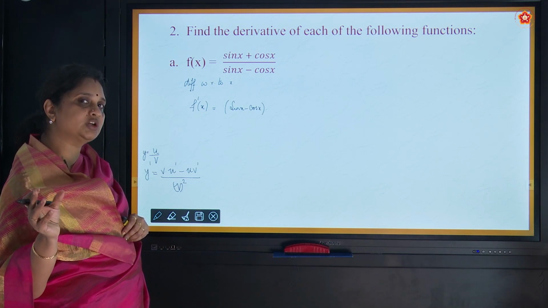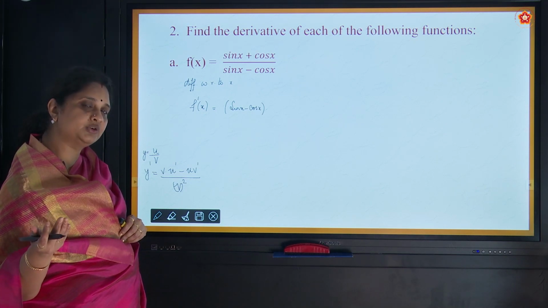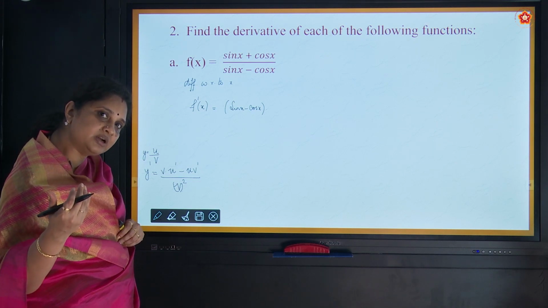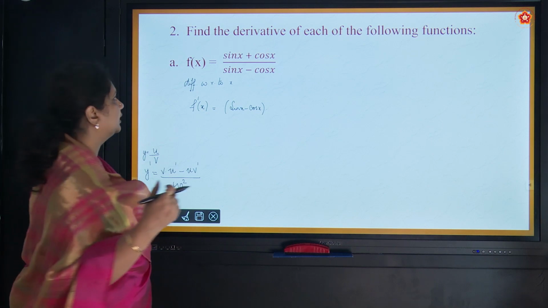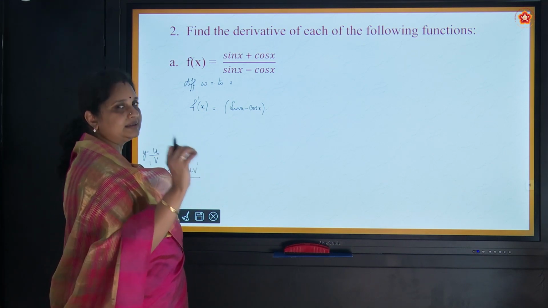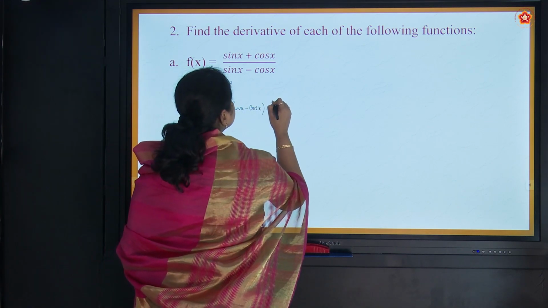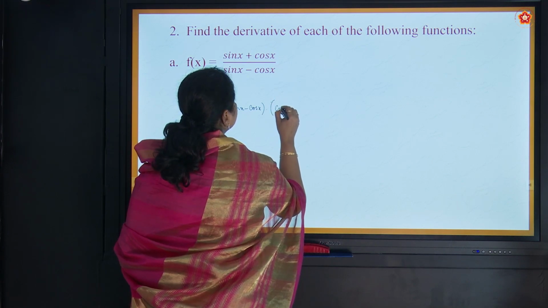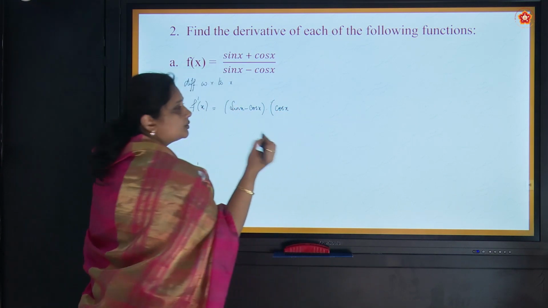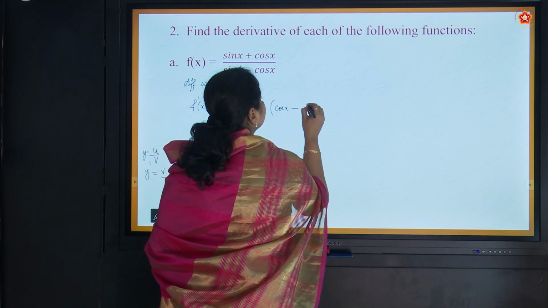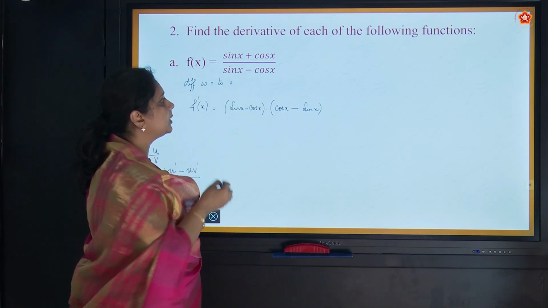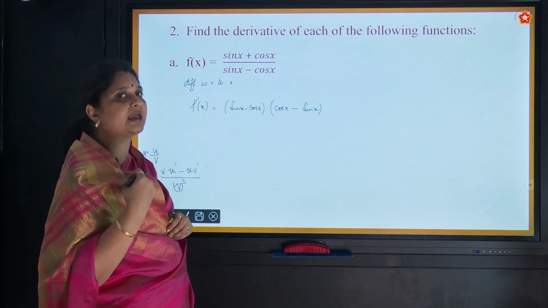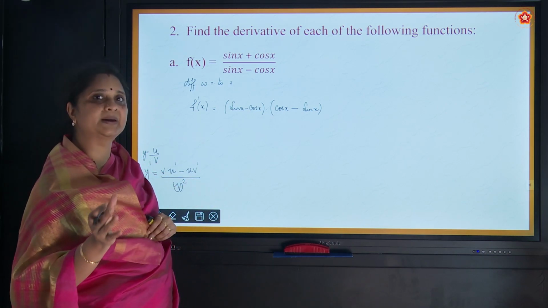When you differentiate a sum, you differentiate each function and sum it up again. So sin x on differentiation gives cos x, and cos x on differentiation gives minus sin x. So the derivative of sin x plus cos x is cos x minus sin x.